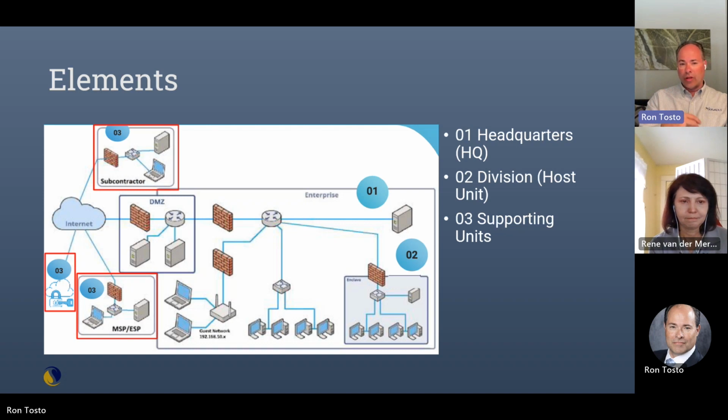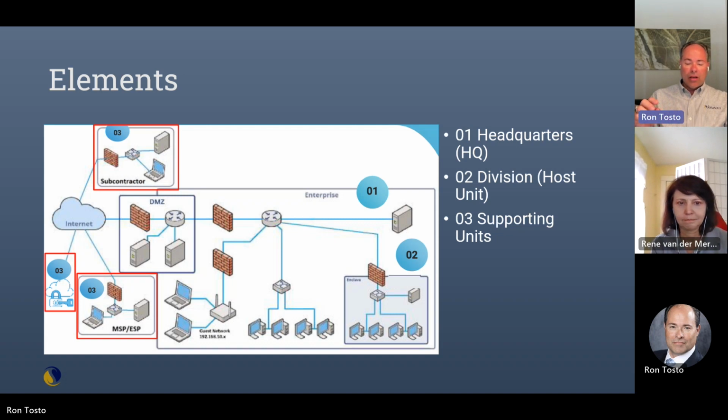This is done with a couple of different mechanisms: firewalls, managed switches, and implementation of virtual LANs or VLANs. Then, of course, depending on the size of your company and how it operates, you may have supporting units, and this may be the equivalent of a managed service provider.